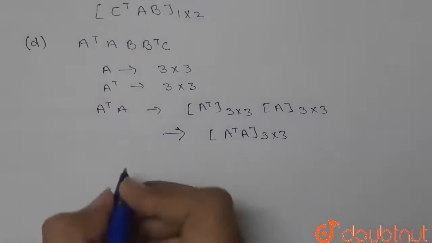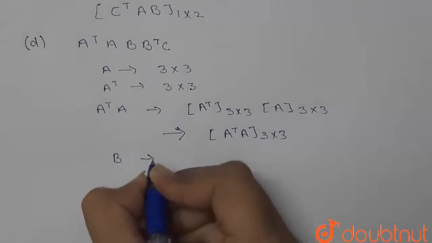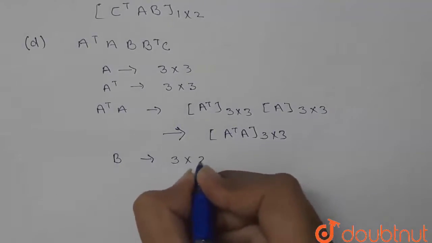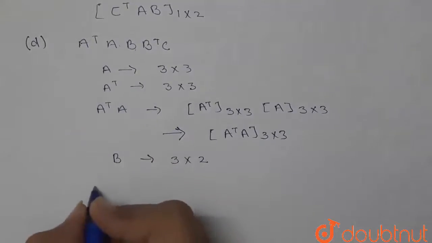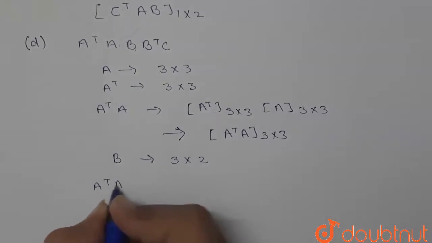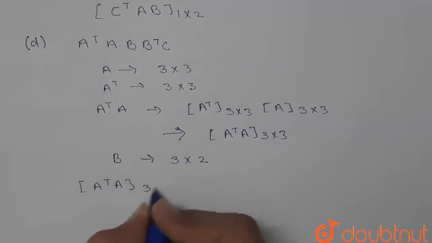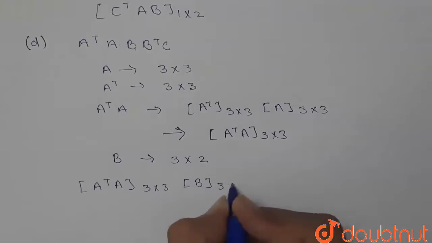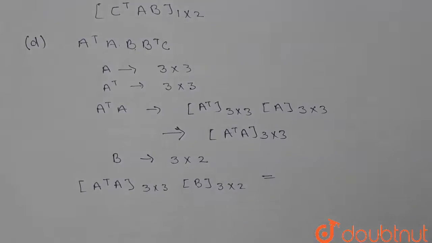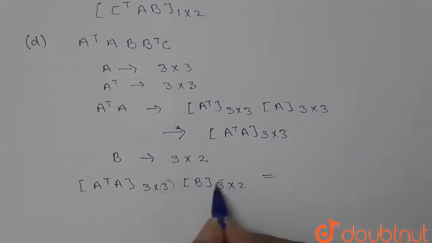Now we have a B matrix and its order is 3 cross 2. Now if I multiply this B with the matrix A transpose into A, which is of 3 cross 3, and B matrix whose order is 3 cross 2, see here, this and this will get cancelled because it is same.